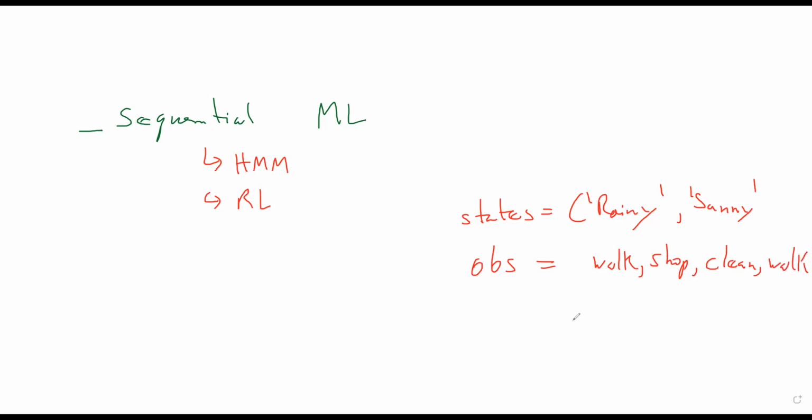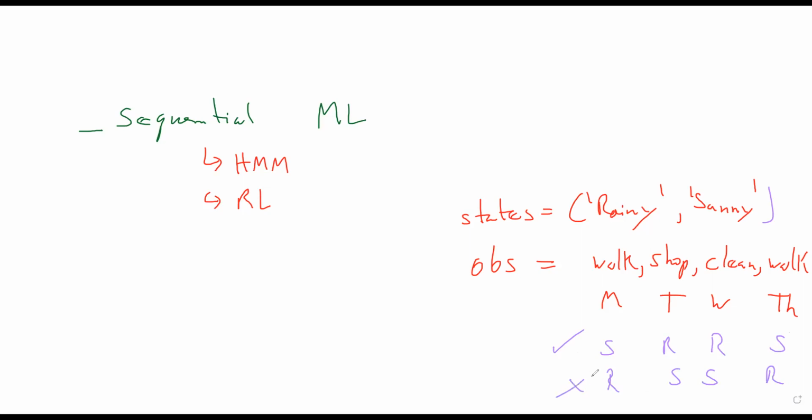If we think about this as what happens every day, Monday, Tuesday, Wednesday, Thursday, then given this observation, we want to predict the likelihood given the state. For walk, shop, clean, walk, it should be sunny, rainy, rainy, sunny. You see that? But there can be other variations of this. This one would be the correct one, let's say.